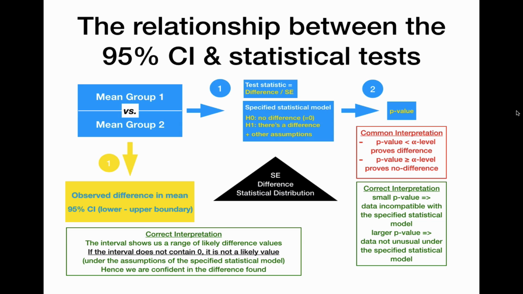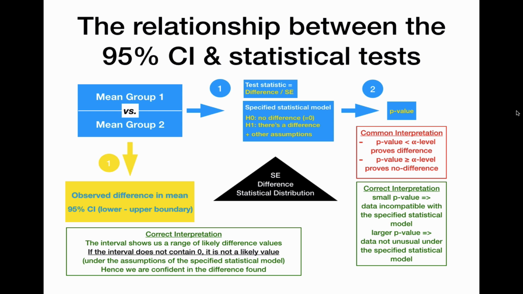Instead, it should be used as a continuous measure that gives us a sense of how compatible our data are with the specified statistical model. And we should instead focus on the observed difference in mean with its 95% confidence interval, because it gives us a range of likely values for the difference, and it also shows us how large that difference is.